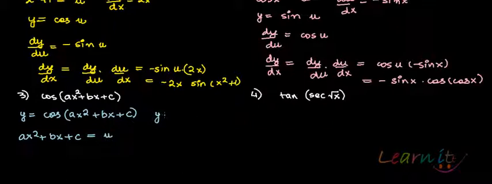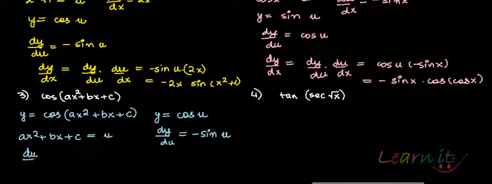So your function has become y is equal to cos of u. From here you can find dy by du, which is minus sine of u, and from here you can find du by dx, which is 2ax plus b.